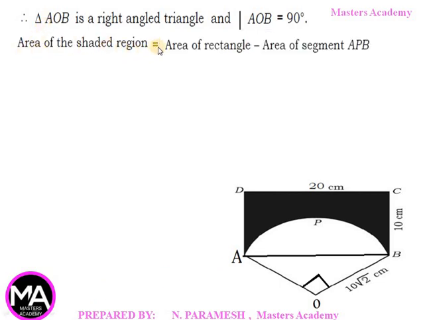Area of the shaded region APB is equal to area of the rectangle, which is nothing but length into breadth, minus area of the sector OAPB minus area of the triangle AOB.